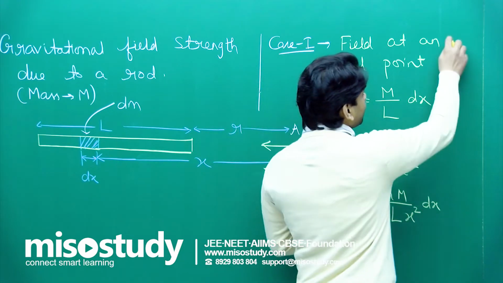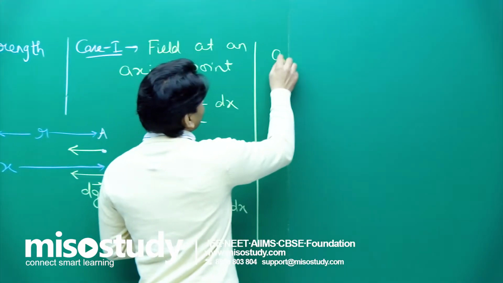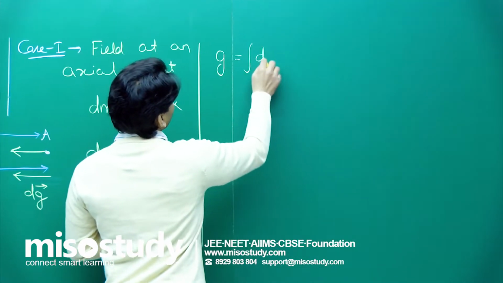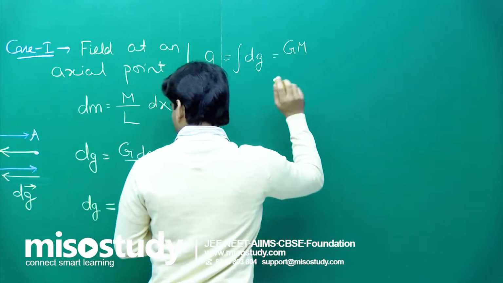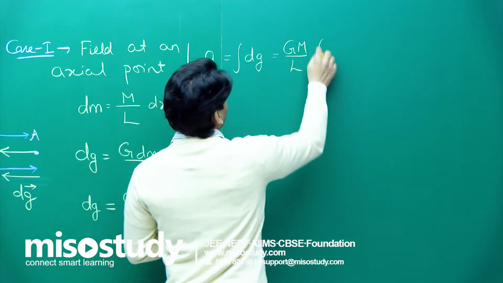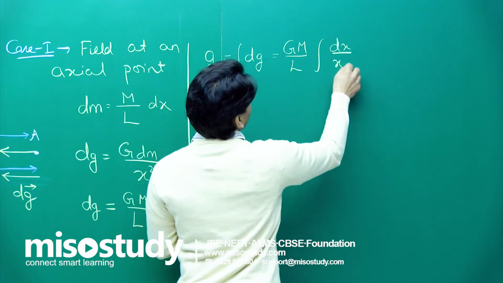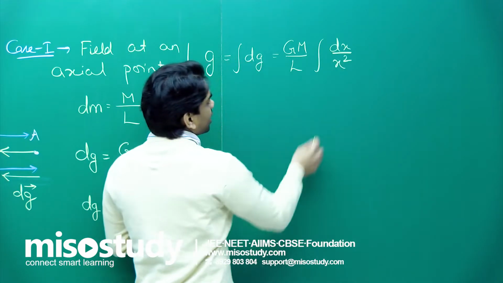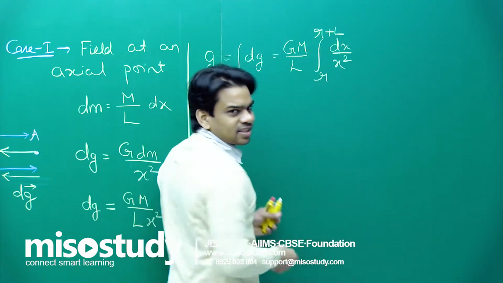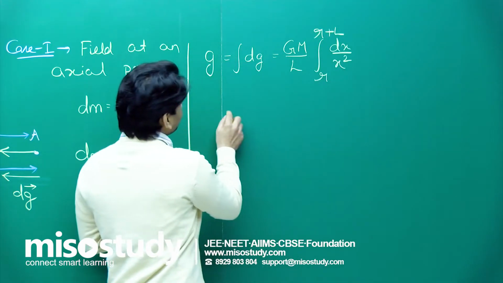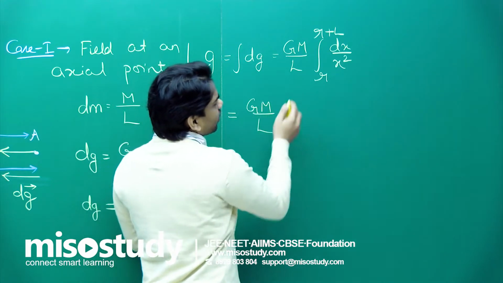Can we perform integration? On performing integration, we will be getting g equal to the integration of dg. This is equal to the integration of, let's keep GM by L outside, and we will be having 1 upon x square dx, with x varying from r to r plus L. I believe that you can clearly see till the upper end. Let's write down the integration, GM by L and 1 upon x square.